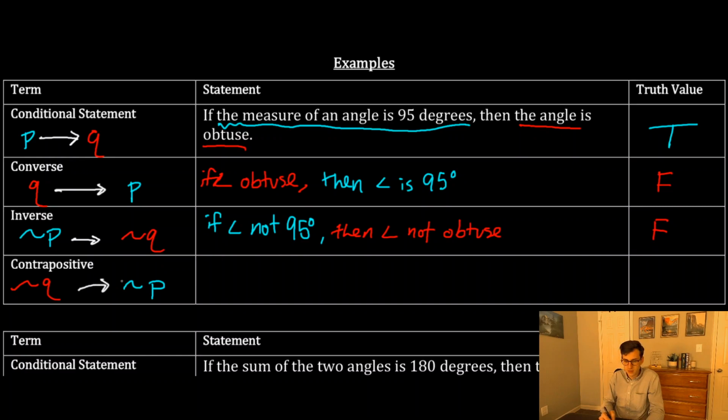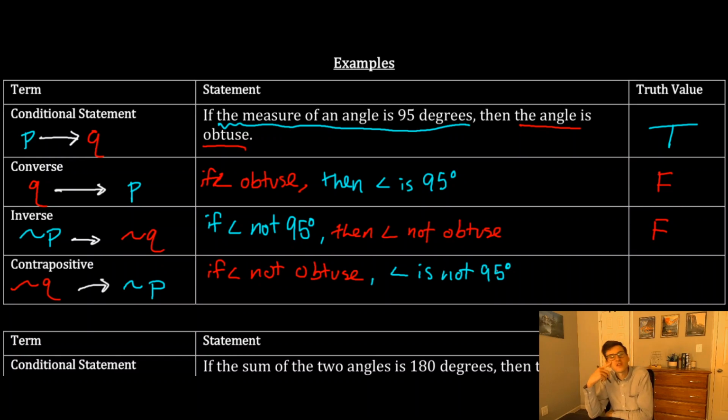If the angle is not obtuse, that would be not Q. So if the angle is not obtuse, Sunny does not like obtuse angles, let me tell you, then the angle is not 95 degrees. Okay, so let's think about that.